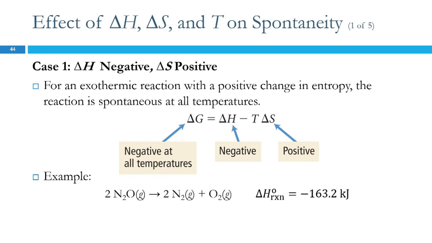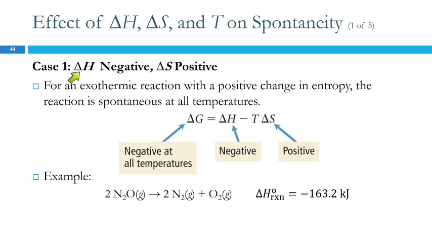So all three of these things, delta S, delta H, and T, have an effect on spontaneity. So we'll look at different combinations.